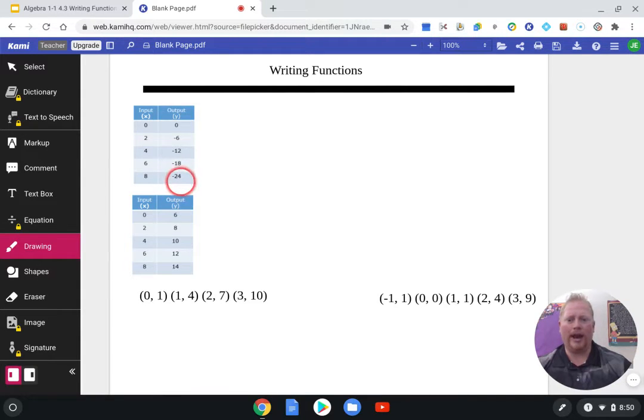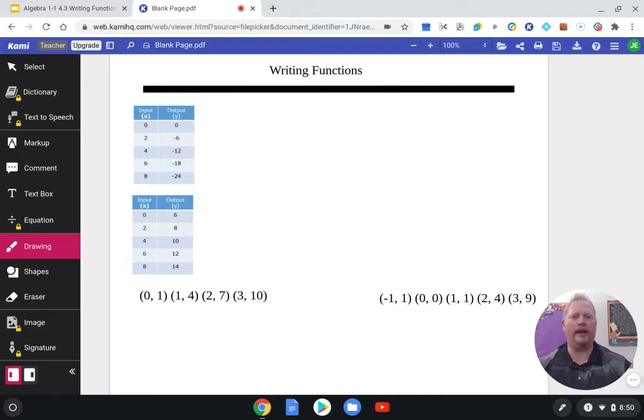Well, I could subtract 32. Let's see if that pattern holds up. If I do 6 minus 32, is that negative 18? No. So that's not the pattern I'm looking for. What else can I do to 8 to get it to turn into negative 24? I could multiply it by negative 3. Let's see if that pattern holds up. So 6 times negative 3 is negative 18. 4 times negative 3 is negative 12. 2 times negative 3 is negative 6. 0 times negative 3 is 0.